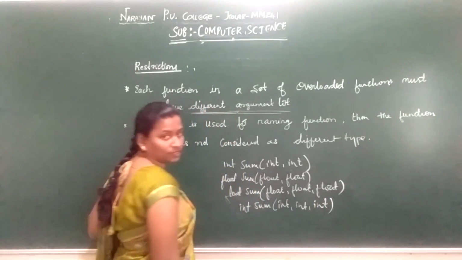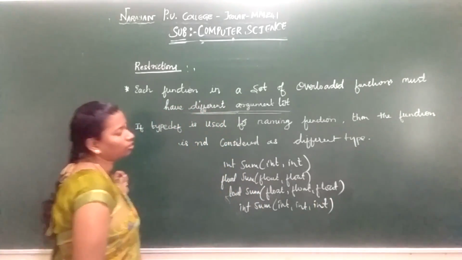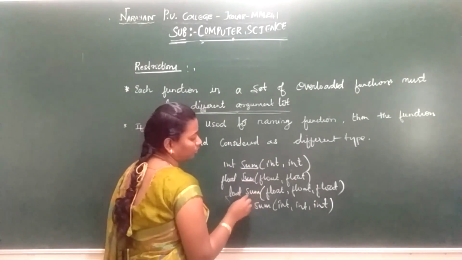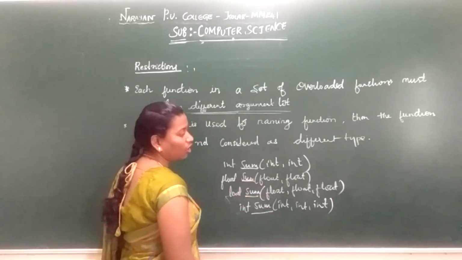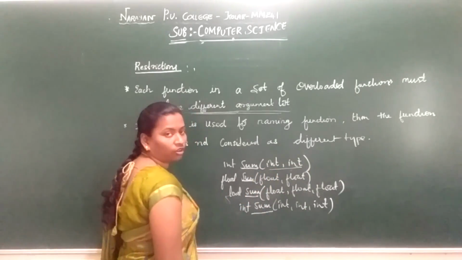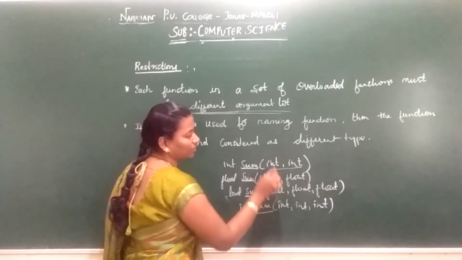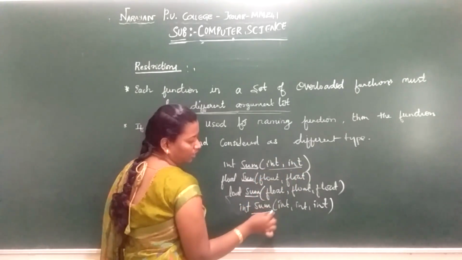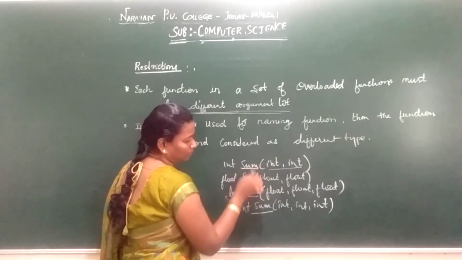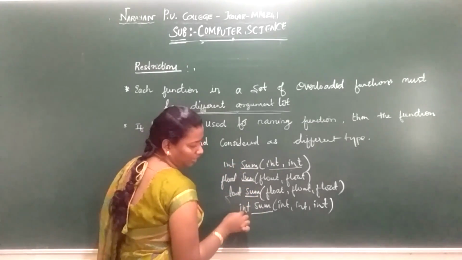That is the only distinction in function overloading, because every time we call, the function name remains the same. What differs is the number of arguments and the type of arguments. Here the type is integer, the function name is the same, and the return type is also the same.